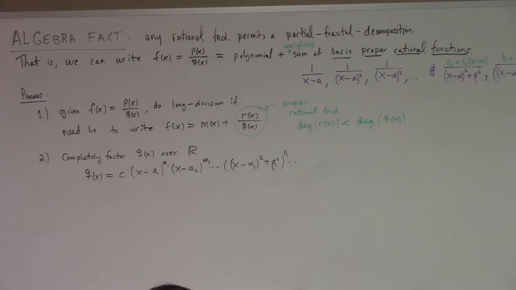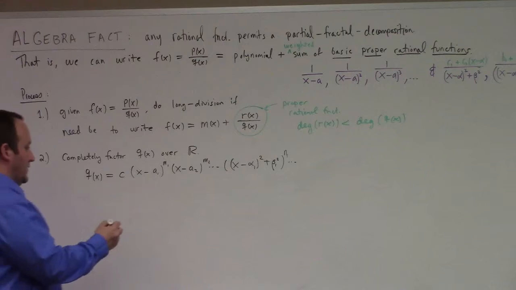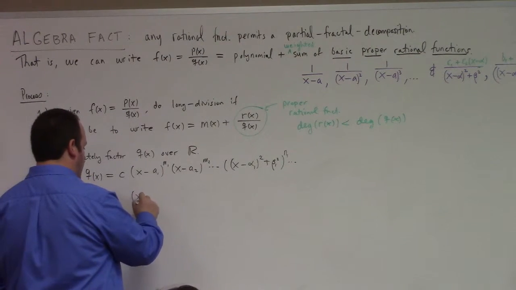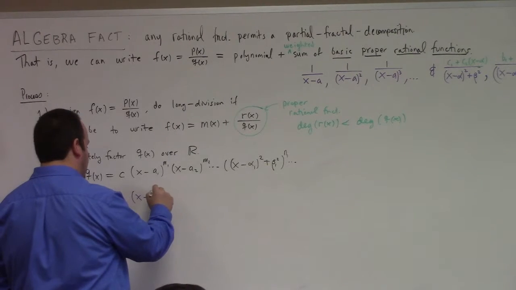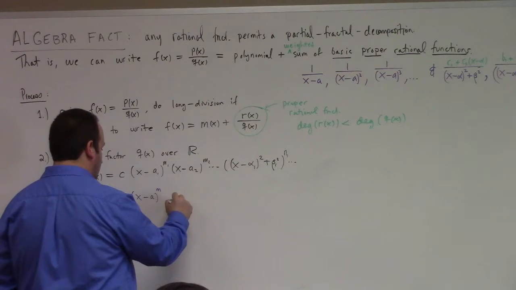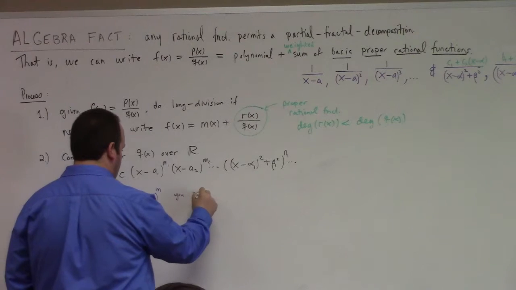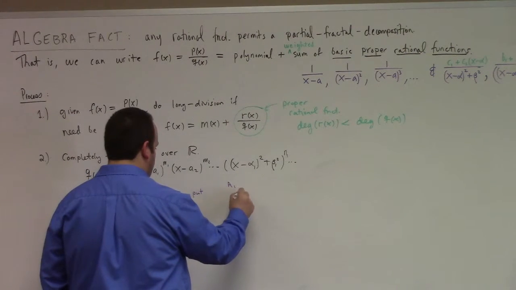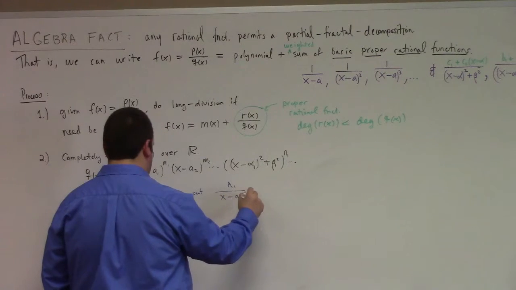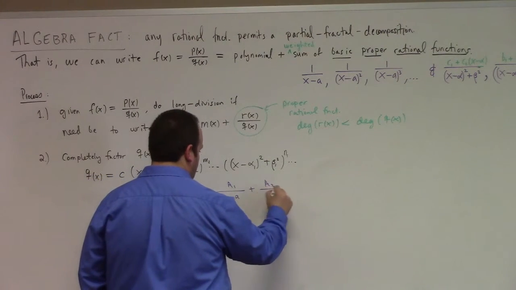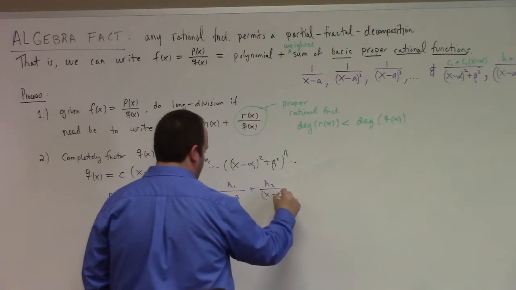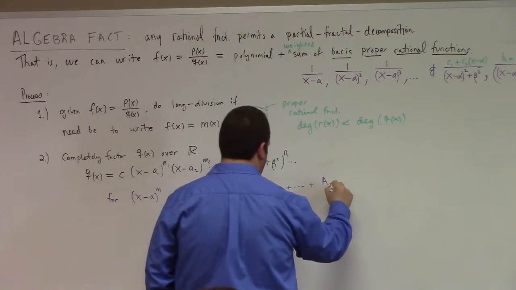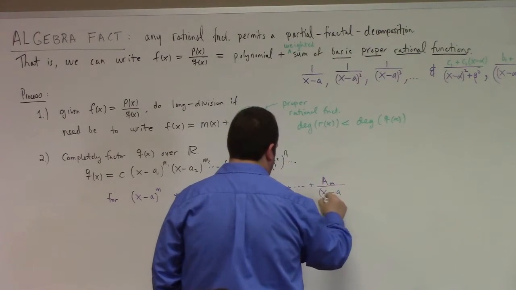And here's the deal. For something like x minus a to the m power, you put a1 over x minus a, plus a2 over x minus a squared, and so on, plus a m over x minus a to the m power.